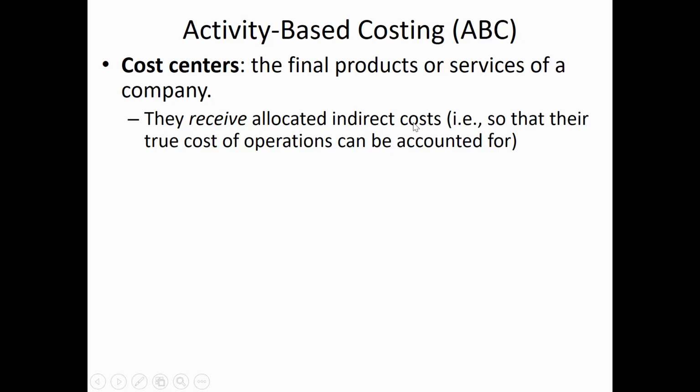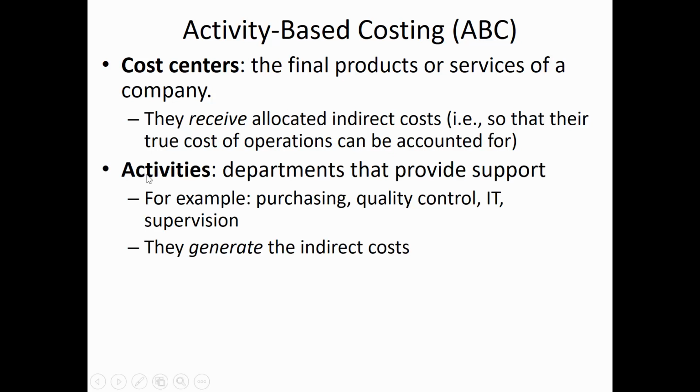And so these cost centers receive allocated indirect costs. That's kind of the verbiage that's associated because the indirect costs are given to the cost center so that then they can be recovered. The activities are departments that are providing support, and so the activities have to have money to support their operations, like the purchasing department, quality control and inspection, IT department, supervising.